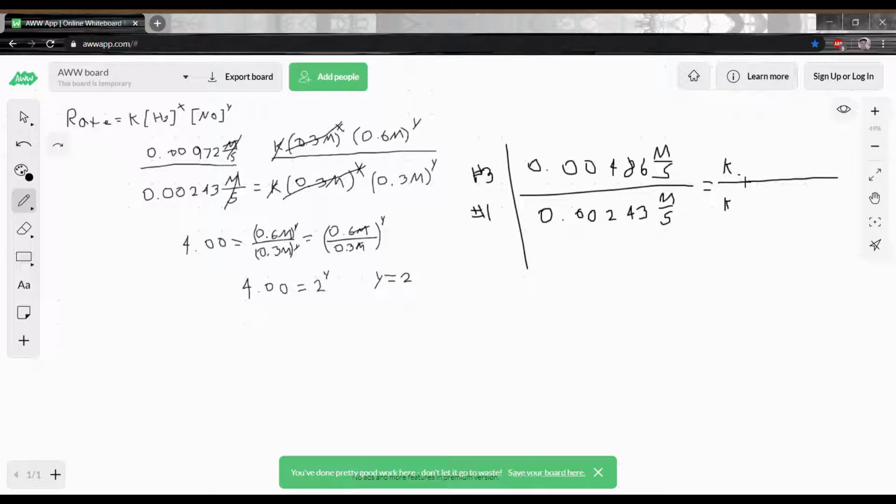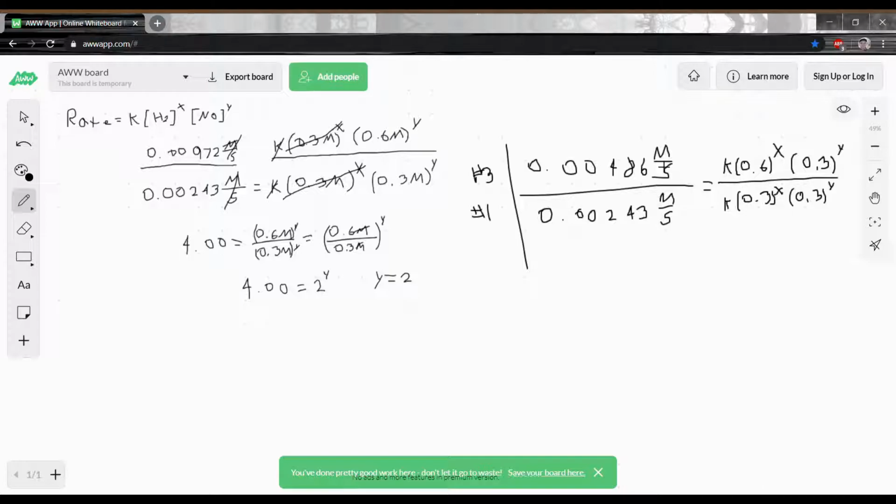In trial number 3, we had a concentration of H2 of 0.6 raised to the x power, and a concentration of 0.3 of our NO, raised to the y power. And in trial number 1, be careful not to get your numbers mixed up because I just did, we're going to have 0.3 raised to the x power multiplied by 0.3 raised to the y power. That's the concentration of H2 to the x multiplied by the concentration of NO to the y.